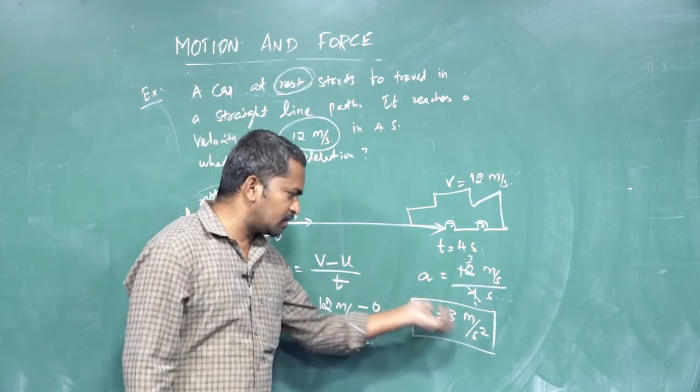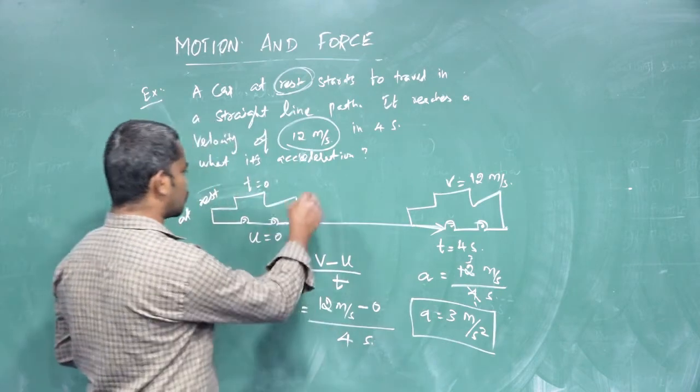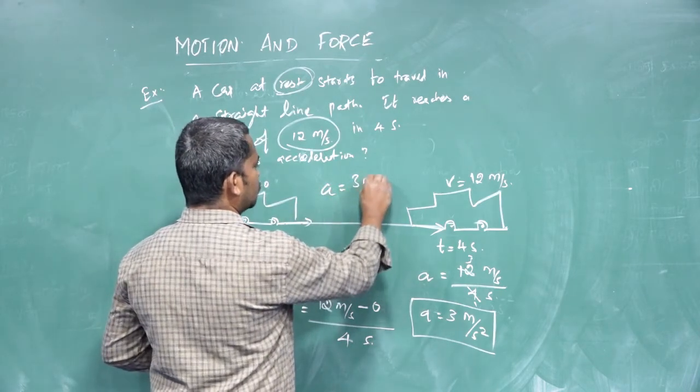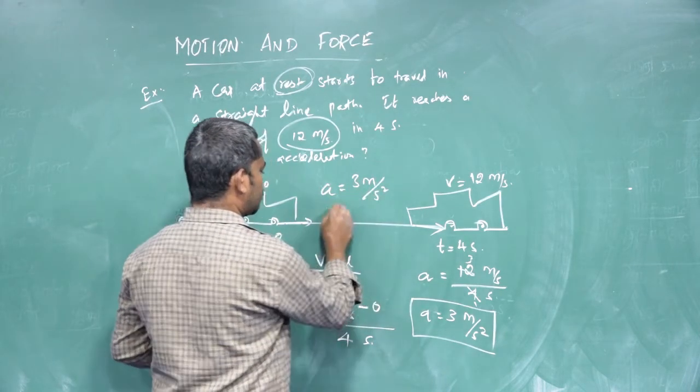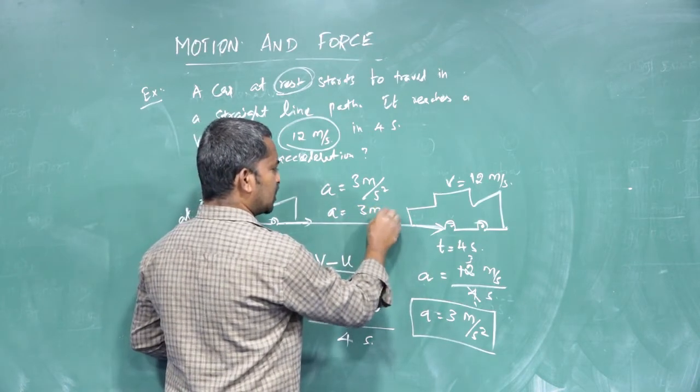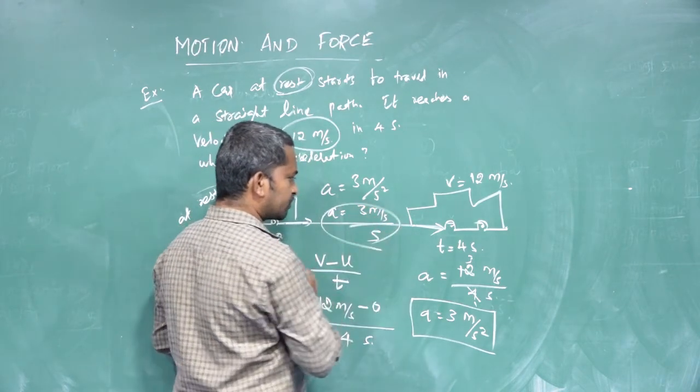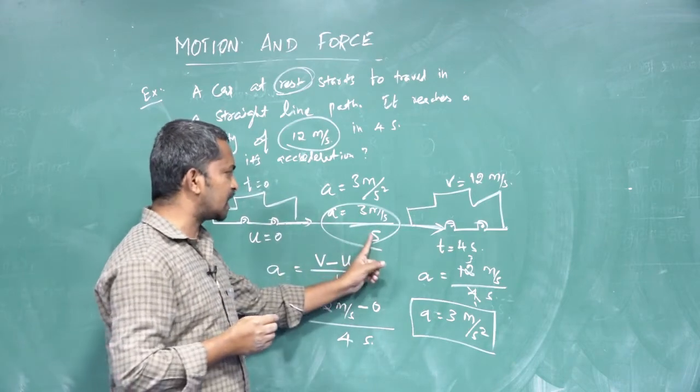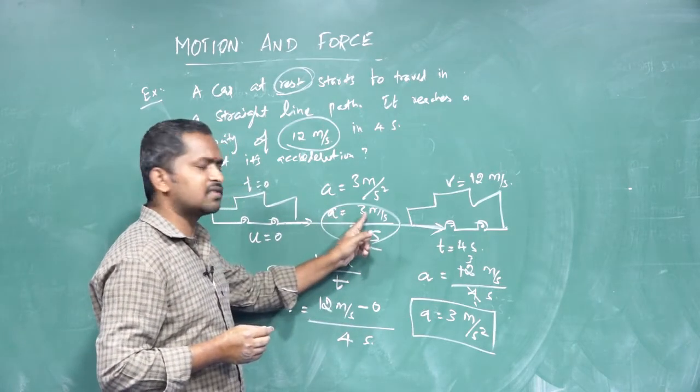What do you mean by 3 meters per second squared? The acceleration of the car a is equal to 3 meters per second squared, which means 3 meters per second divided by second. Each and every second, the velocity of the car changes by 3 meters per second.